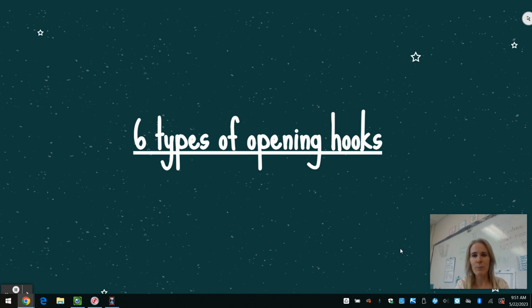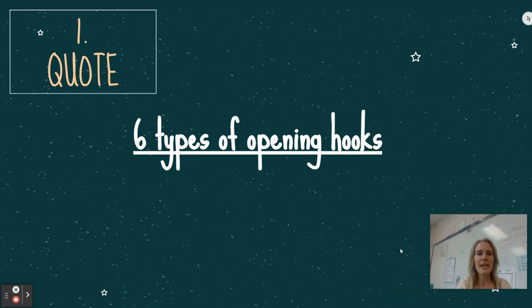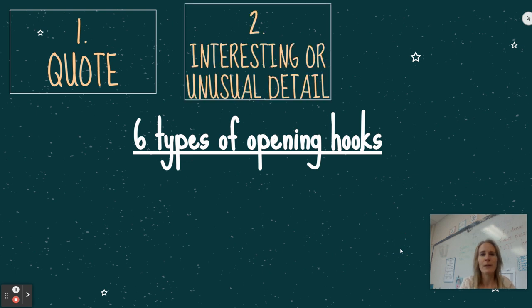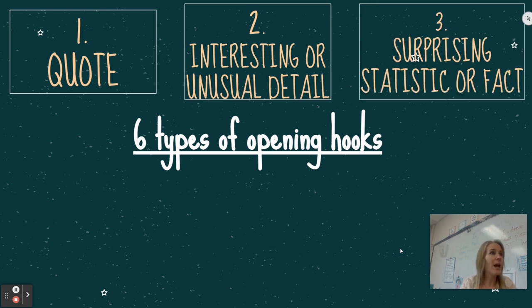So 6 types of opening hooks. The first one is a quote from a famous person. The second type of opening hook is an interesting or unusual detail, something that's going to catch their attention. The third type of opening hook is a surprising statistic or a fact.